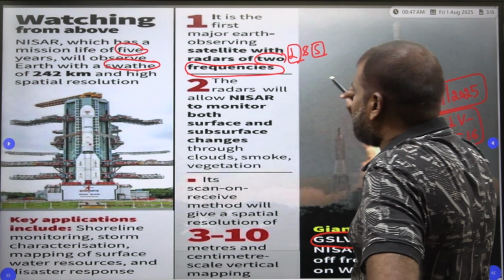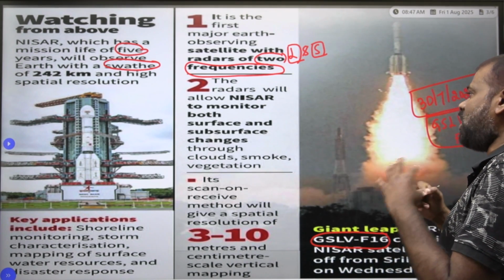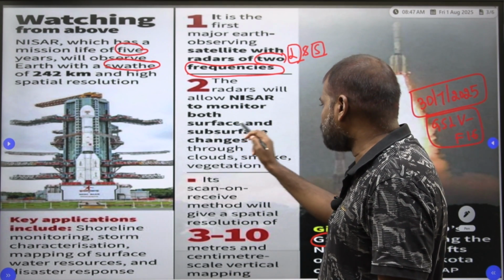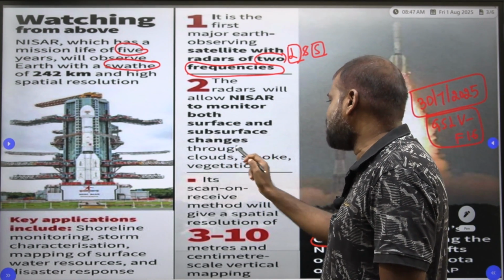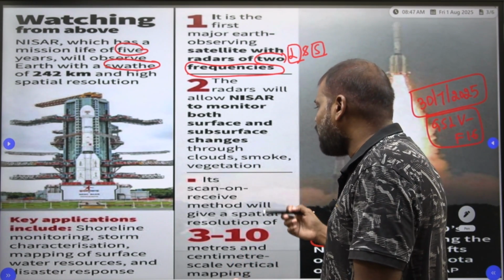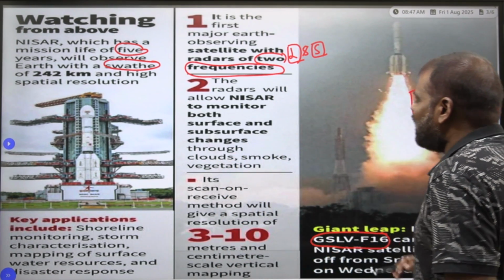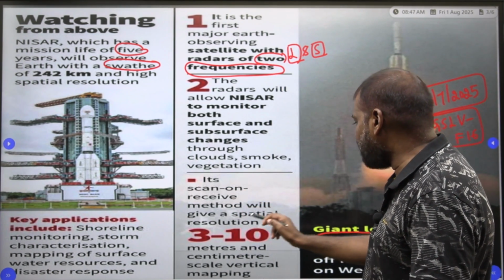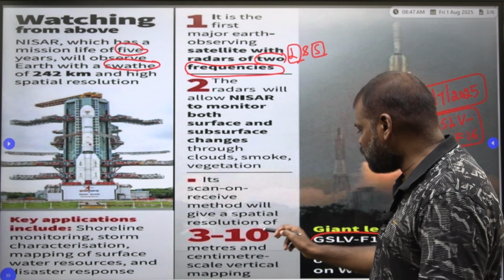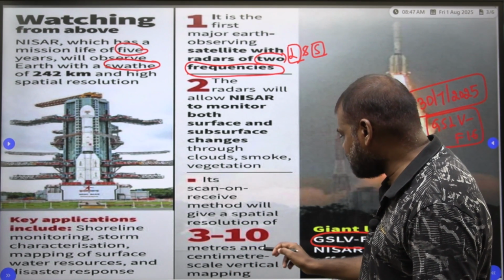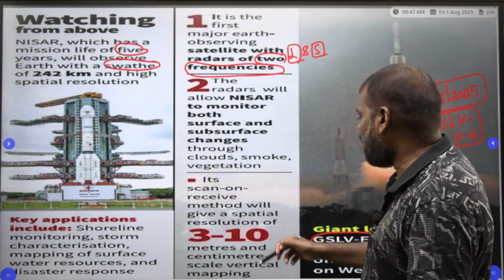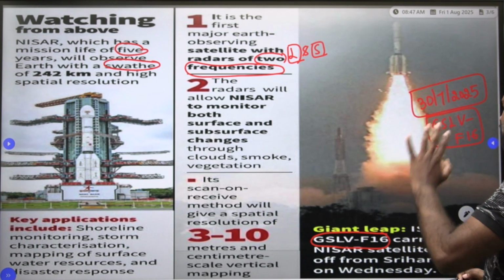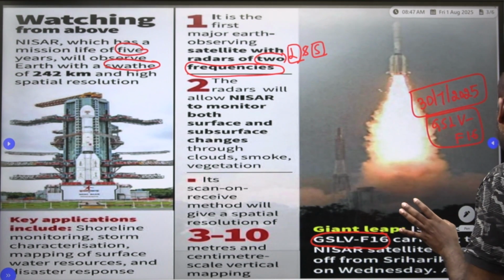The radars will allow NISAR to monitor both surface and subsurface changes through clouds, smoke, vegetation, all these things it can observe. It is a scan on receive method, giving a spatial resolution of 3 to 10 meters and centimeter scale vertical mapping. These are the special characteristics of NISAR.